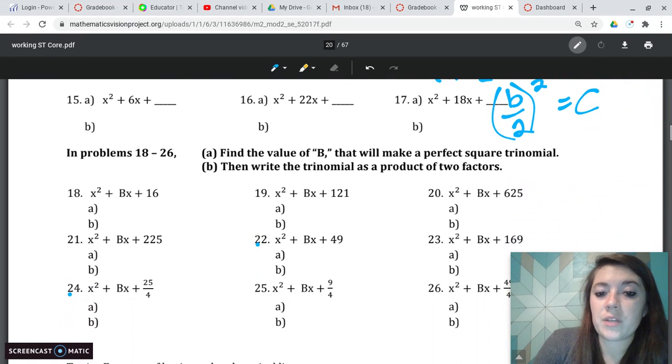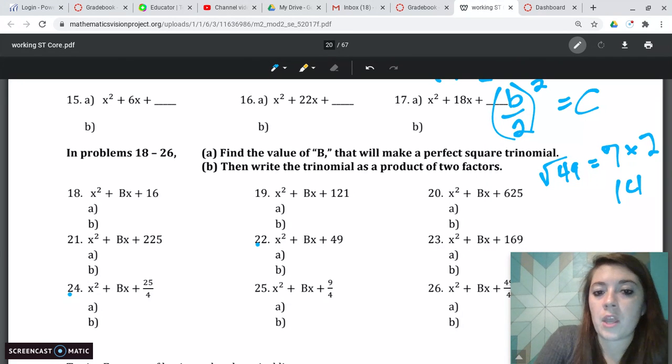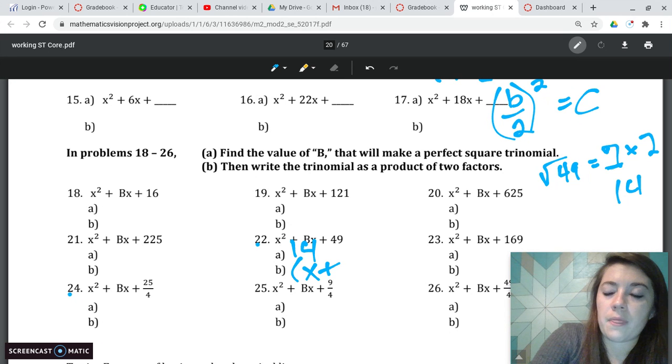So if we're undoing this, we're going to take the square root of 49, which is 7, and then we're going to multiply that by 2, which gets us 14. So our b value is 14, and how we'll factor it is x plus, remember, this value here after we square root will give us that value.